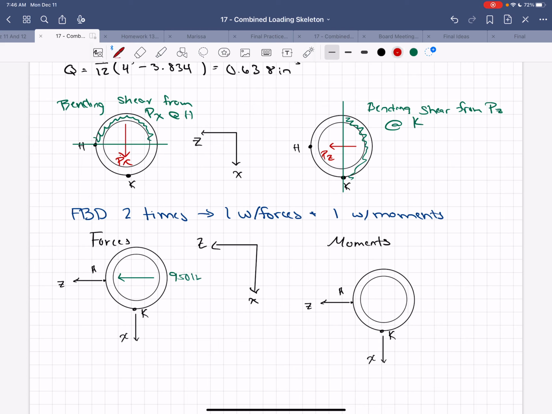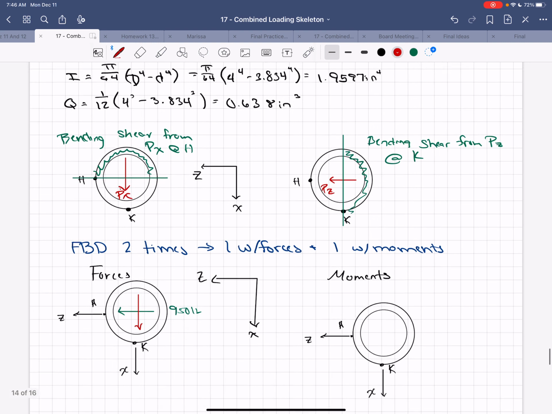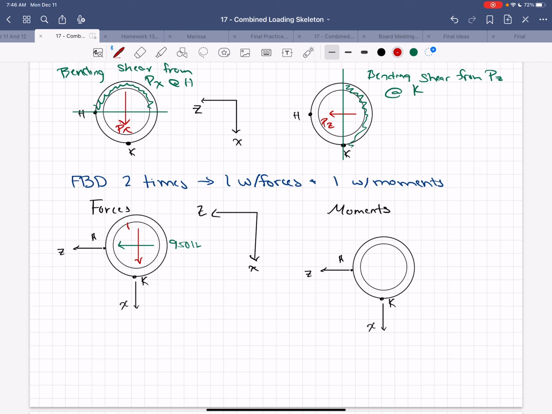And we have PX, the positive X direction, is 1,360 pounds. Now we can draw all the moments that are happening here.